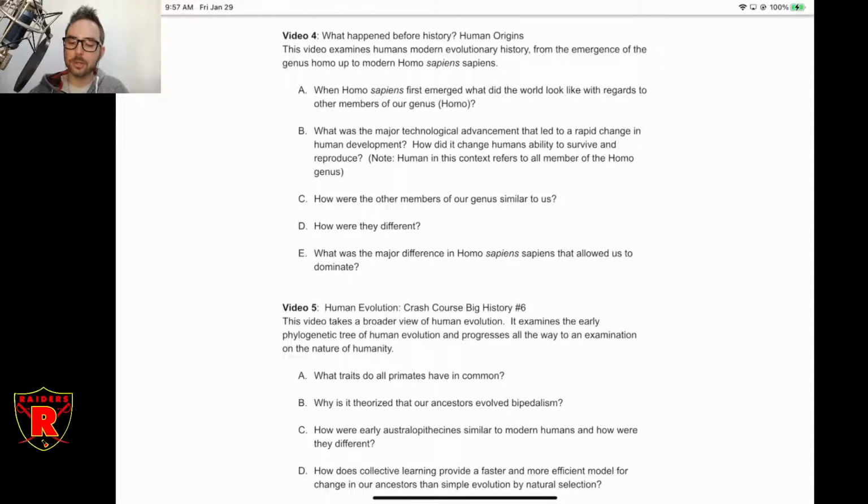Evolution requires, first of all, a random mutation to occur in order for a change to happen. And then it requires many generations of a selective pressure acting on a population in order for that evolutionary change to reach the larger population. So, for example, let's say that there's a random mutation that causes higher intelligence in humans. Okay, in the next generation, there may be 1 or 2 people that have that mutation.